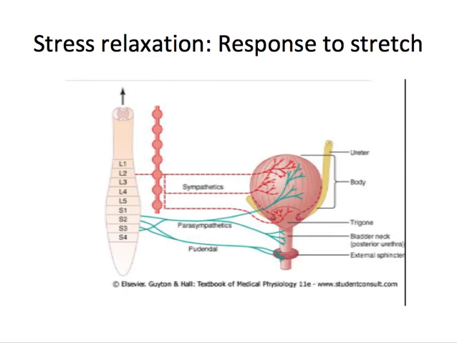But slowly, the tension comes back to the resting level due to the readjustment of cross bridge attachment. So, the phenomenon of stress relaxation is achieved by the readjustment of the cross bridge attachment.